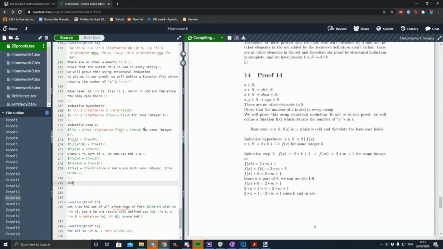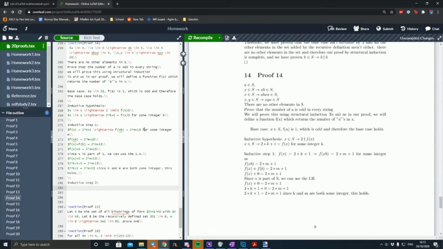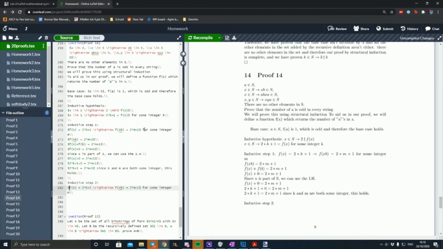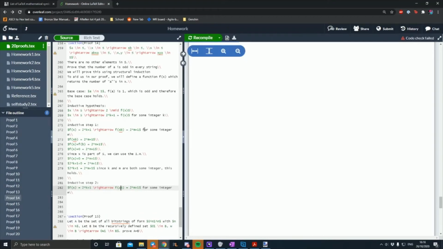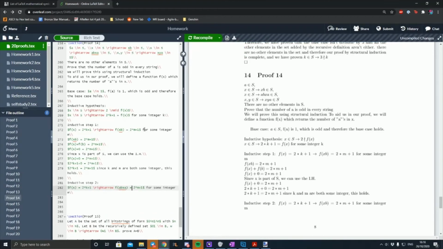Another enter, inductive step 2. We have 2 other steps, so if inductive step 2, that means that axa.